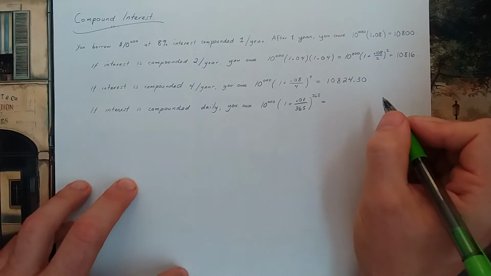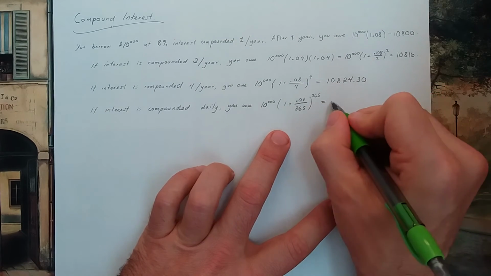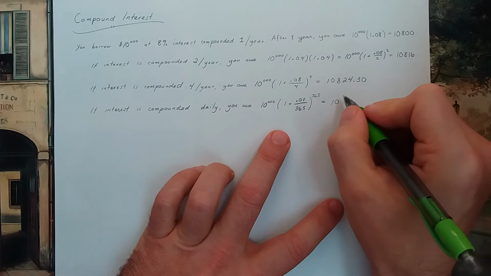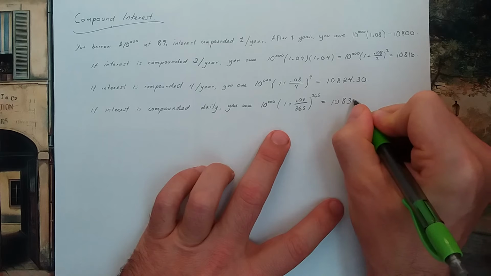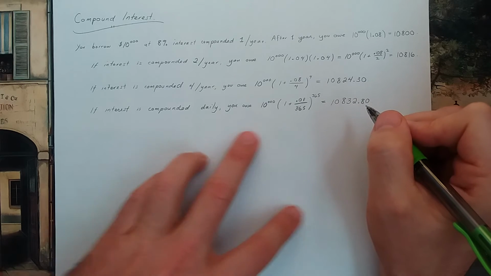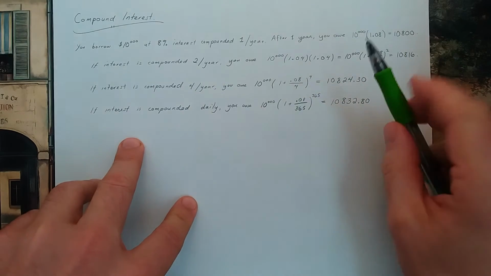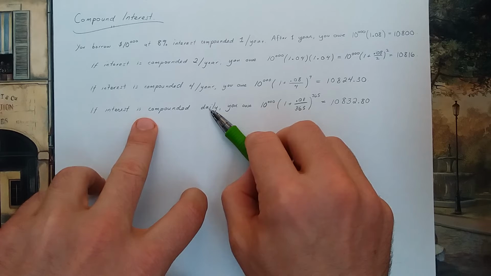That's the exponential function we've been talking about. I'm raising a number to some power. That is $10,832.80.